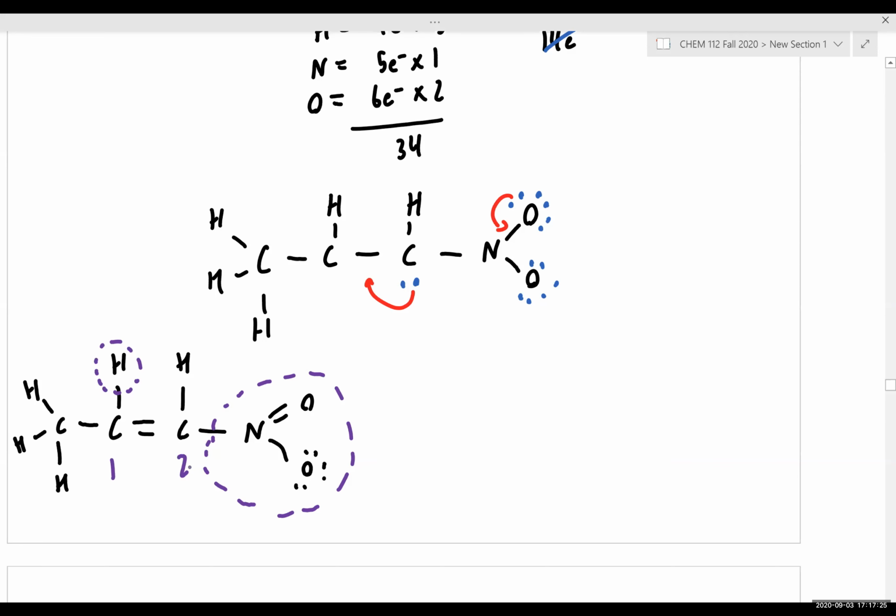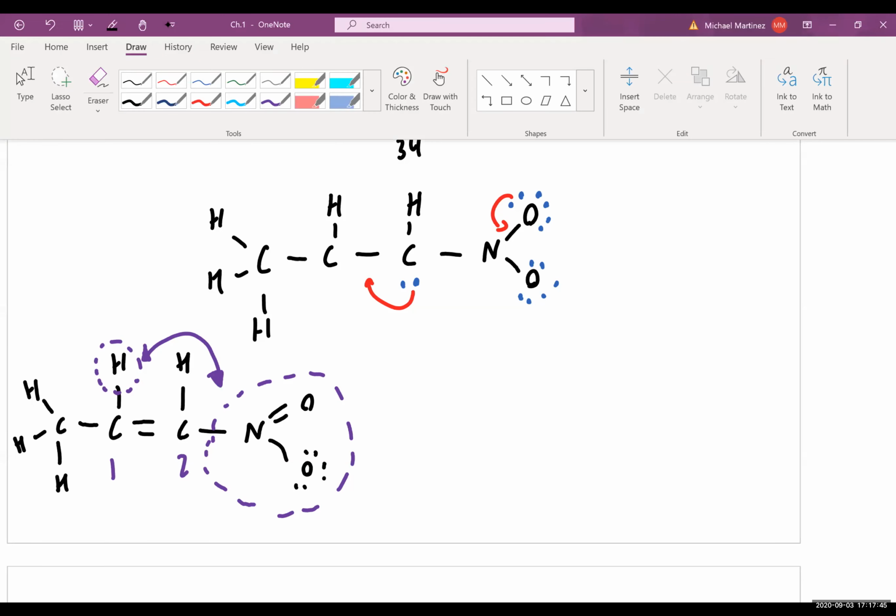So if this is 1 and this is 2, I'm going to pick the hydrogen atom and this nitro group. And now all you have to do to get a constitutional isomer is swap the position of your functional groups.